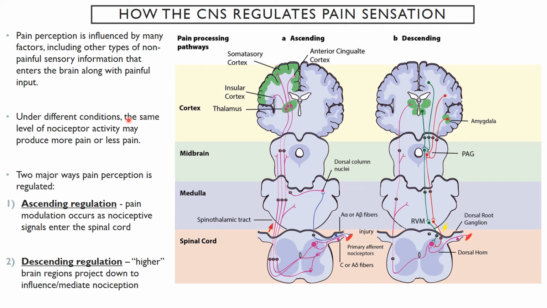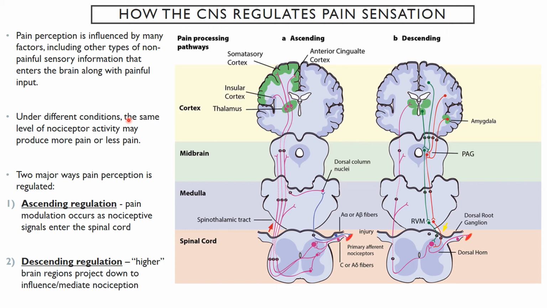So the perception of pain can be influenced by a lot of other factors than just, say, having a nail jabbed into your arm, right? There are a lot of other factors that will modulate how pain is perceived. We're not going to talk about that cognitive modulation of pain perception in this presentation. It's just too complex for what we're talking about.